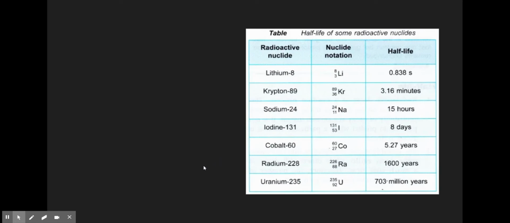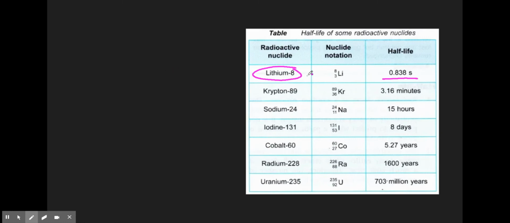Before we do any questions, let's acknowledge that the decay or half-lives really depends on the stability of their radioactive nuclei. And we've talked about the different degrees of stability. So if you look at something like lithium-8 on this chart here with its 0.838 second half-life, clearly not a very stable isotope of lithium.